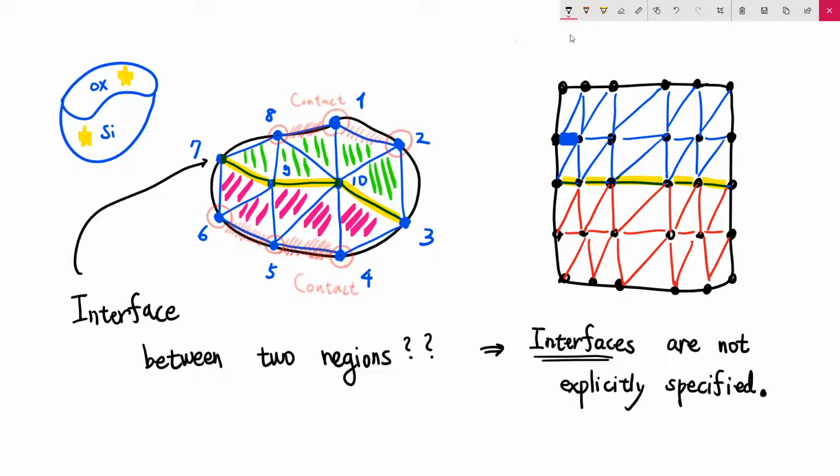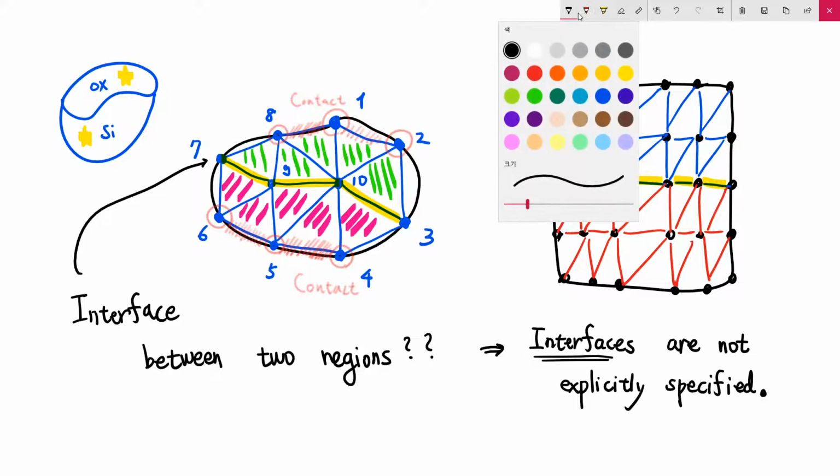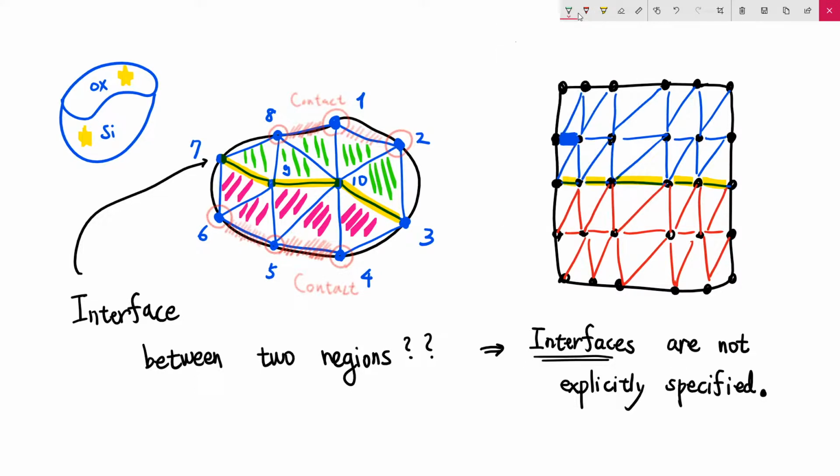In this case, what we can do is, you know the information of every element, and from this element information you can find out three different edges, because your element is a triangle, so you always have three edges.